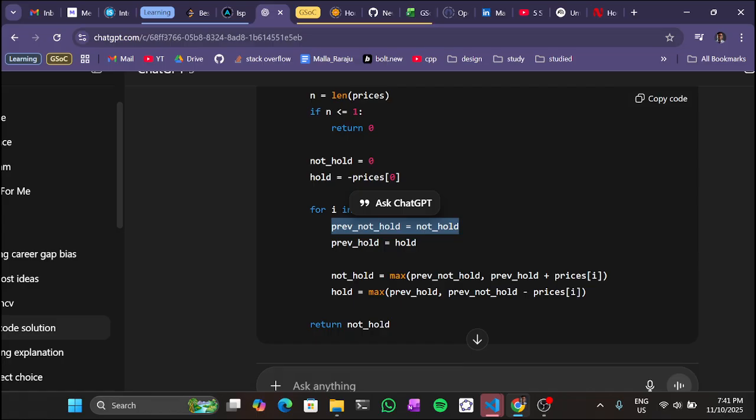Previous not hold equals not hold. Previous hold equals hold. Not hold equals maximum of previous not hold, comma previous hold plus prices of i.